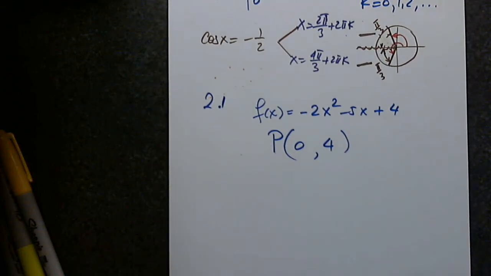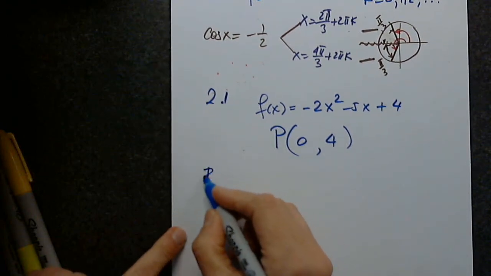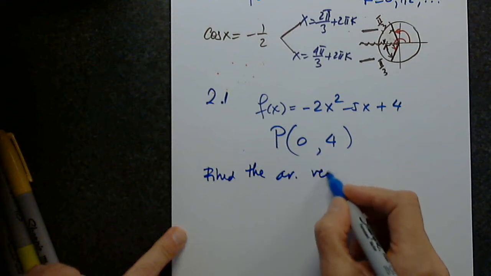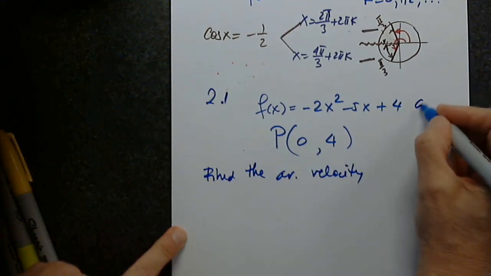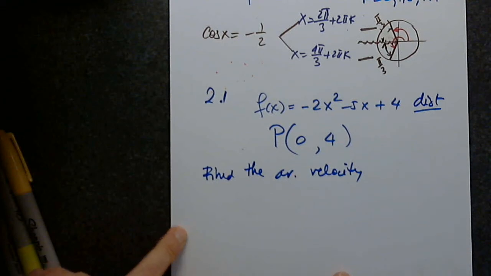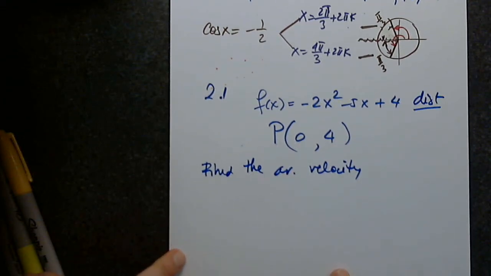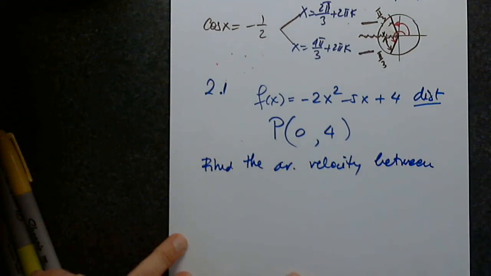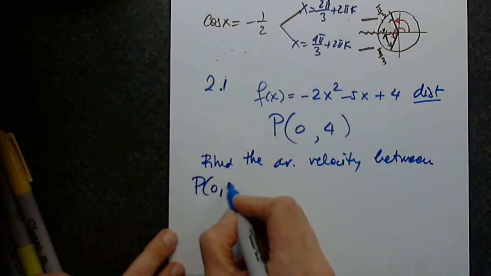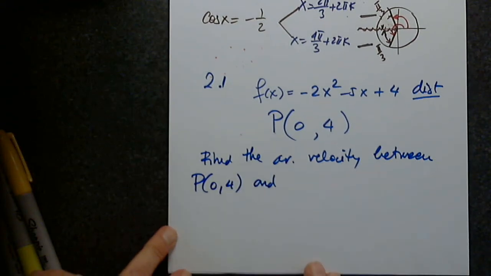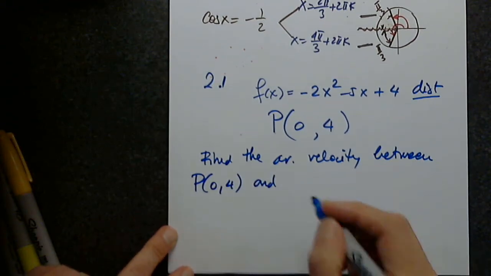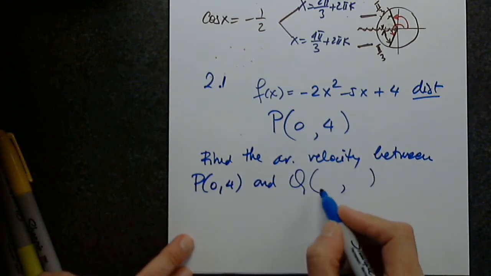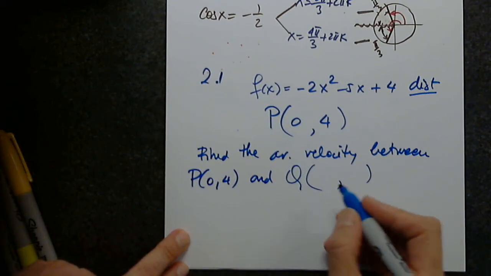Here's what I would like to do now. I would like to find the average velocity, assuming that this is a distance, the average velocity between P of 0, 4 and Q, and I'll give you x and you'll give me y.